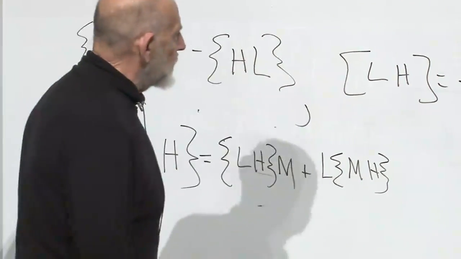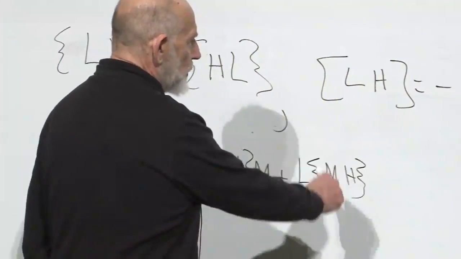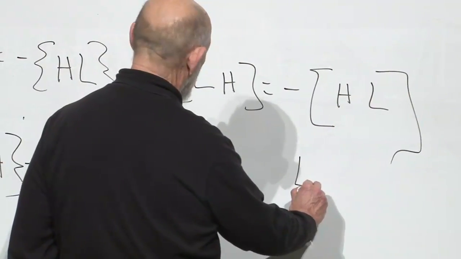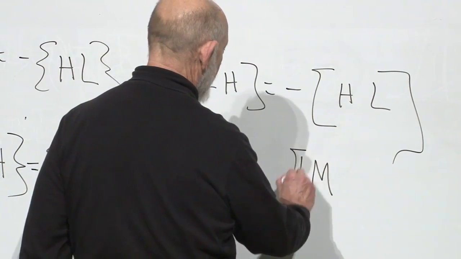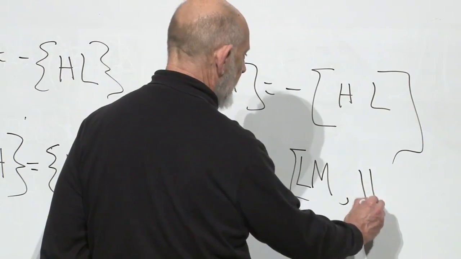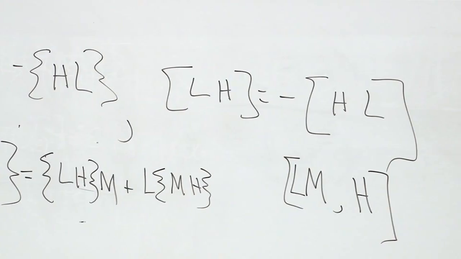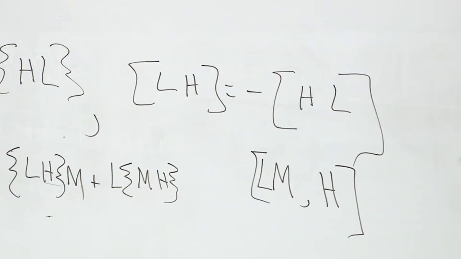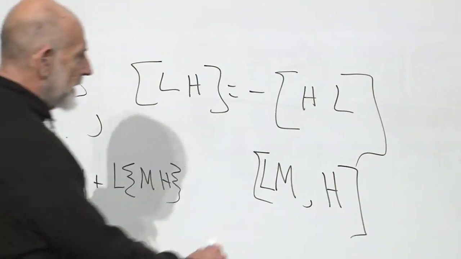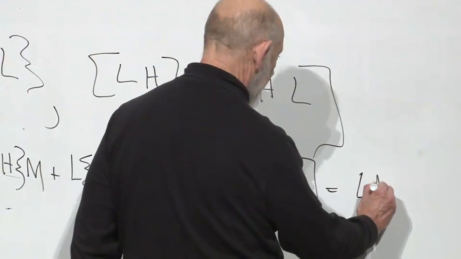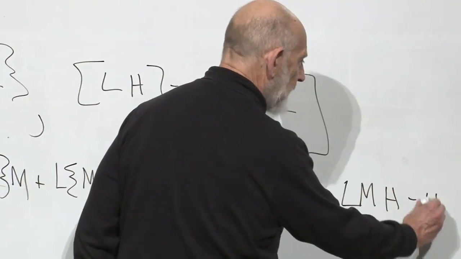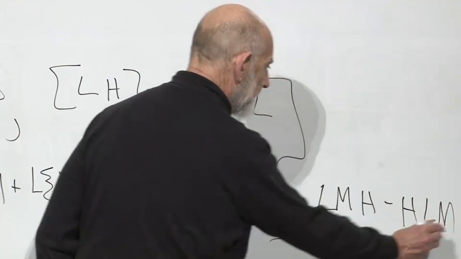You can ask the same question over here. Supposing you have LM and you take its commutator with H. What do you get? This is an exercise, and all you do is you write that this is equal to LMH minus HLM.